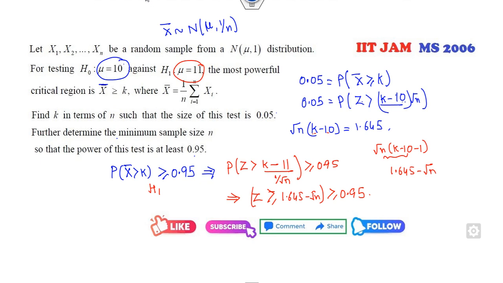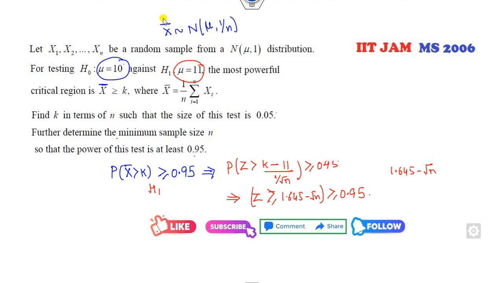So that means by using the normal distribution, 1.645 minus root n must be minus 1.645. So from here you can easily see this is less than 3.2 something. Fine. Or you can see it will be greater than, as n, so you can put it as a square, so you will get, no, it's a maximum.